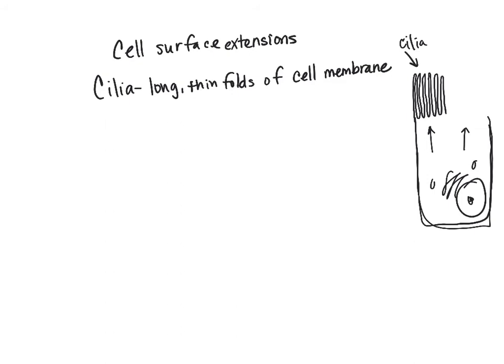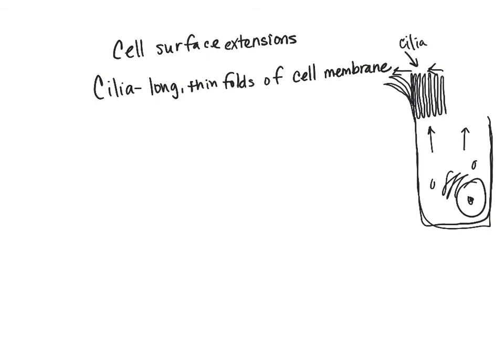Mucus is sitting on top of the cilia and catches something like a bacteria, smoke, debris and dust, and then the cilia are going to wave, they're going to beat, let's say going out this way. So they start over here and then they move this direction, pushing things along the surface of the cilia, bringing them up into the mouth so that we can cough them out.